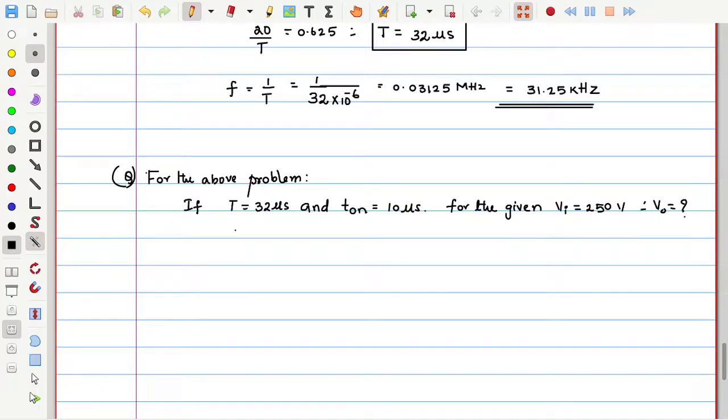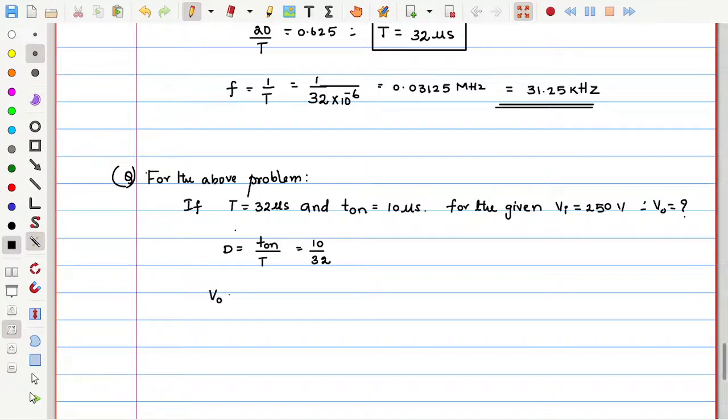So what we need to do? We need to find the duty ratio, that's all, and we need to use the input output voltage relationship. Directly D is equal to T on divided by T, which is 10 divided by 32. This is the duty ratio.